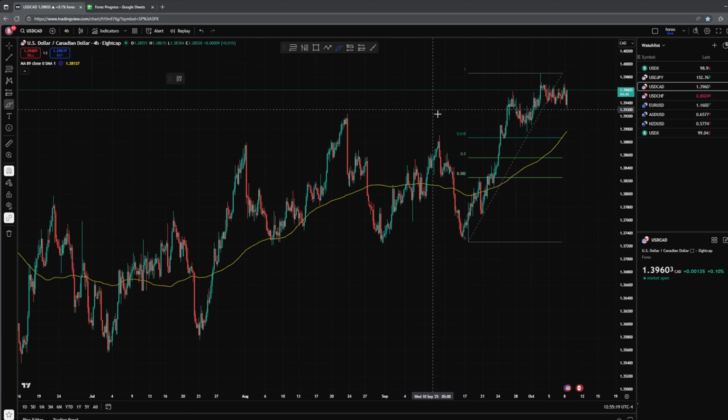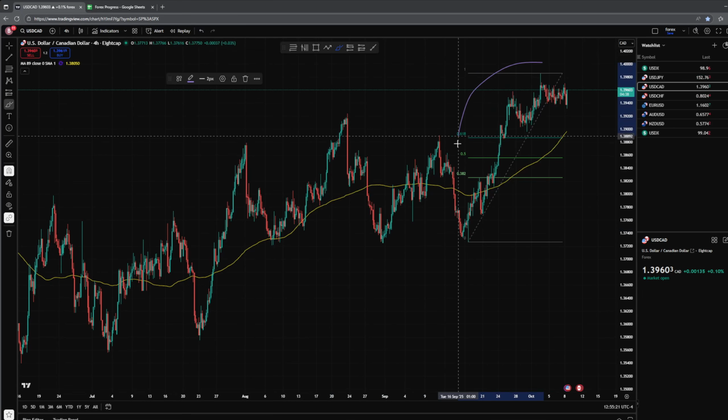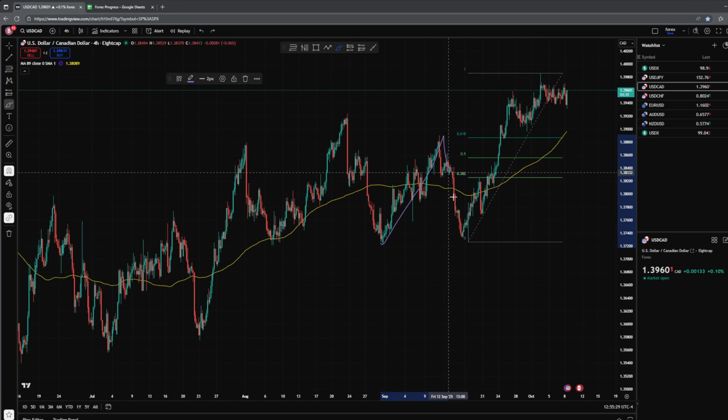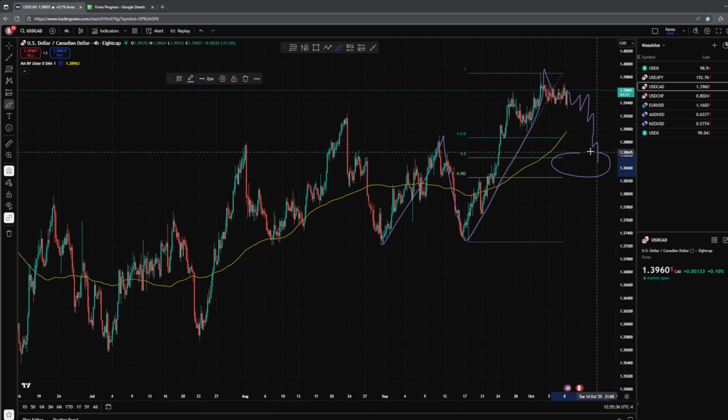USD Canada dollar. So same thing. So we have the majority of the market hanging out above the yellow moving average line. That means trend is definitely up. So we have up leg, retracement, up leg. Market should retrace soon. And once it reaches the 50% retracement zone, we will start buying loonie.